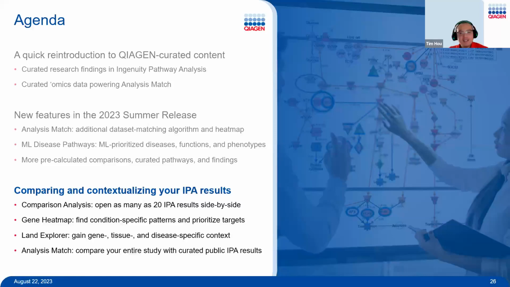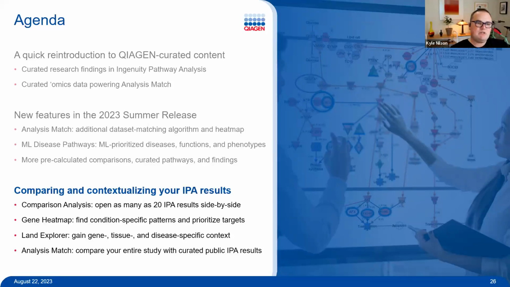Yes, there are a couple of questions. So I think it's worth just reiterating for the people attending today, the access to Land Explorer, whether that is part of IPA, whether that is a separate program, how would users access Land Explorer? That's a great question.